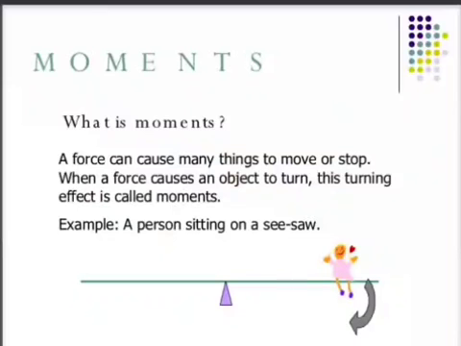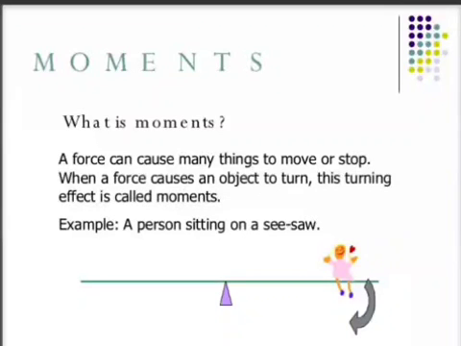What is moment? It is nothing but the product of force and perpendicular distance. If you see this example, there is a seesaw. The triangle is called as fulcrum. So about that point it will move. The seesaw will move, or you can say it will turn. So the person is sitting.